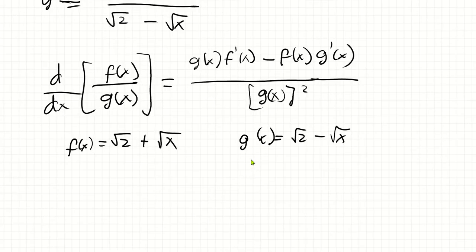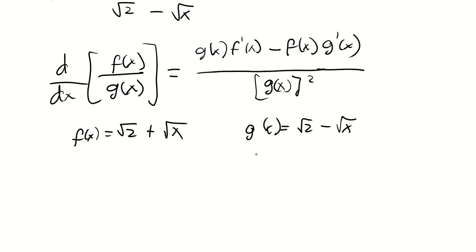Then we need to determine f prime x. So what's the derivative of this one? The derivative of the square root of 2 is just a constant, so it's equal to 0. Plus this one, this is the same as x raised to 1/2.